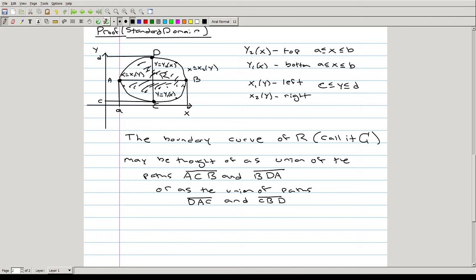Right, and it's important to expand upon these paths, kind of expand and remind ourselves that ACB is just the curve y1 of x.